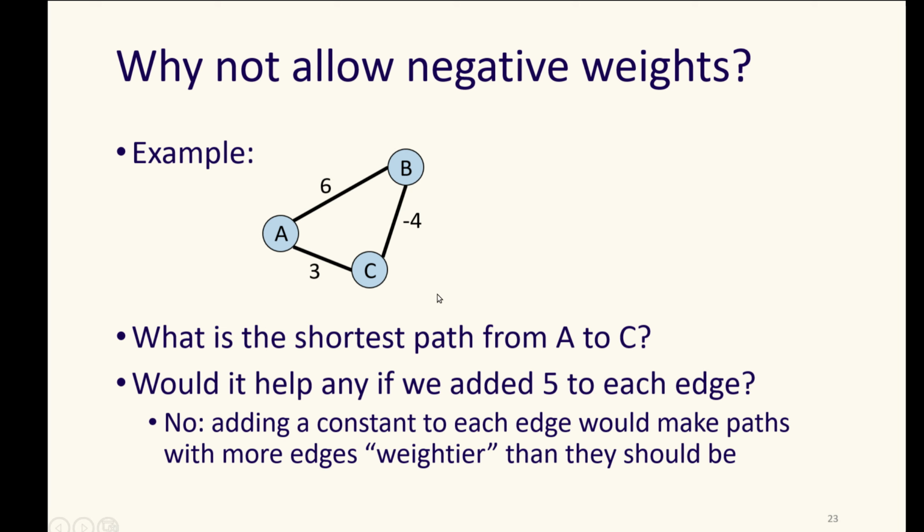But adding some constant amount to each edge would make the paths with more edges sort of weightier than they should be. It would linearly increase the distance of those longer edges and disrupt the structure of our graph there. Because these only have a single connection to each other, it might be okay, but in a larger, more connected graph, those longer paths would be hit harder by adding a constant to everything.